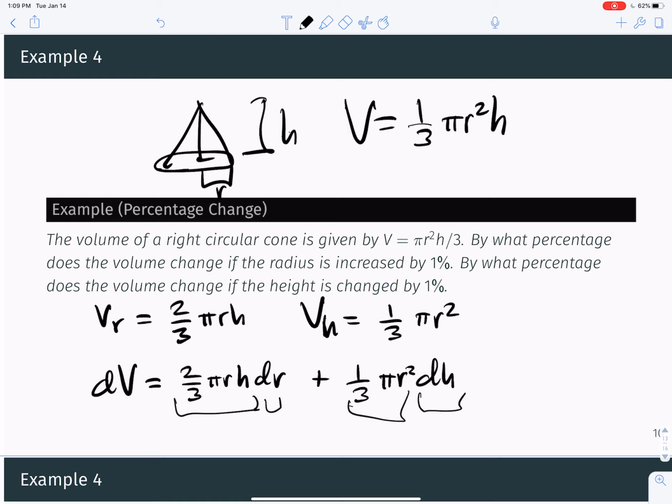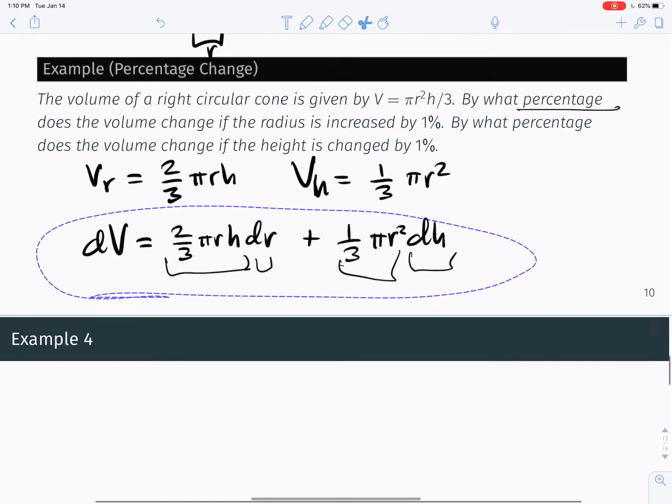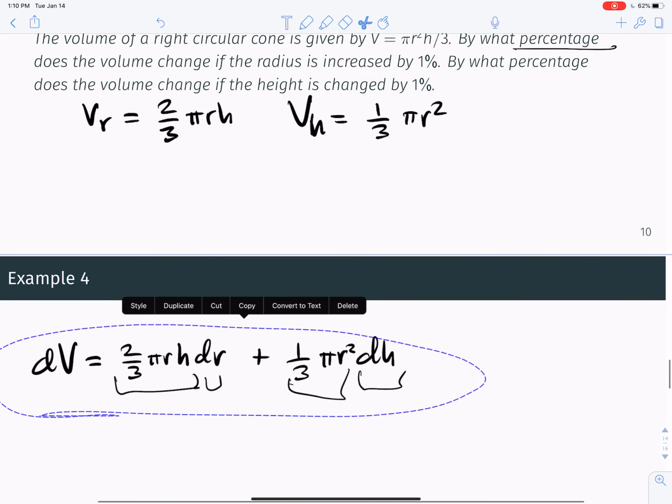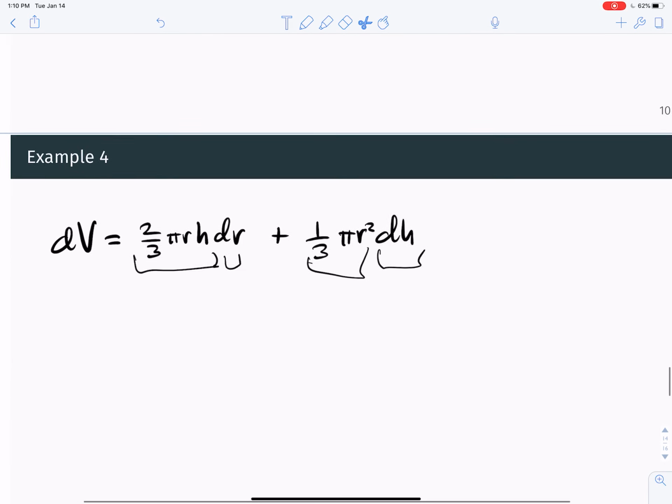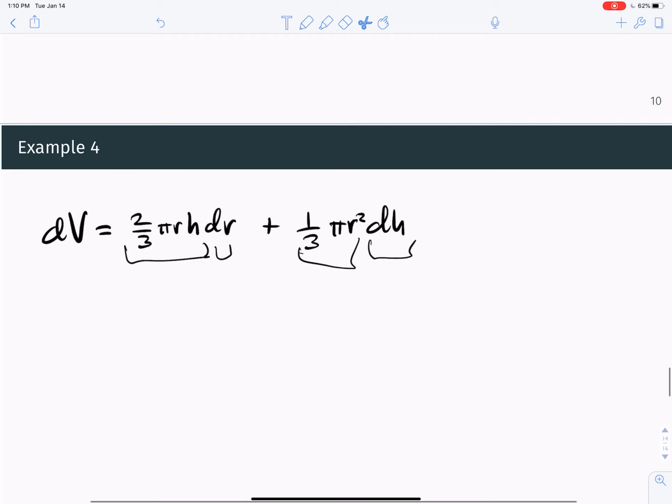But what I want to do is talk about the percentage change. So this is actual change, not percentage change. So let me grab this and move it down here. And let's see if we can figure out what we mean by percentage change.